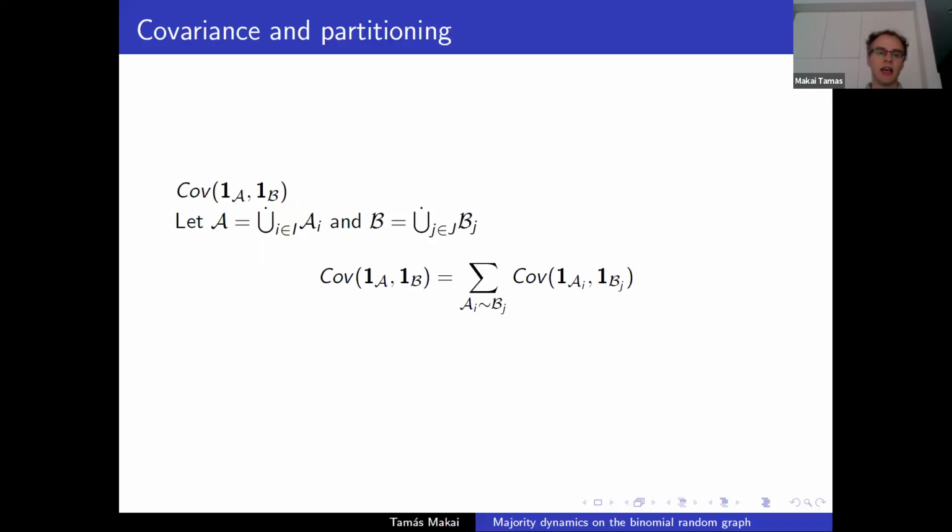This means that we can express the covariance of the indicator of the event A and the indicator of event B as the sum over all possible pairs A_i, B_j of the covariance of the indicator of A_i and the indicator of B_j. However, many of these covariance terms can be zero. In particular, if A_i and B_j are independent, then the covariance terms are zero. So we actually only have to consider pairs A_i and B_j that are dependent.